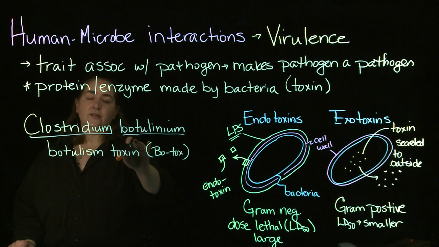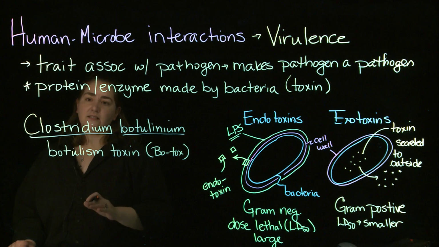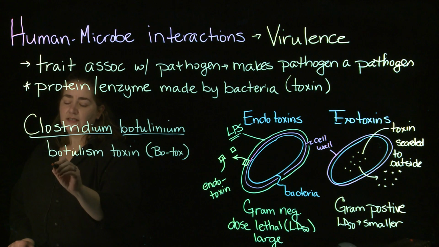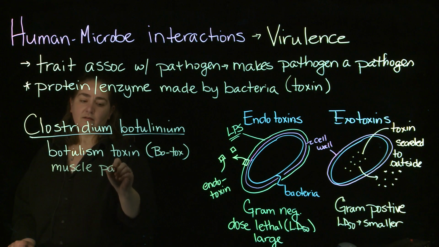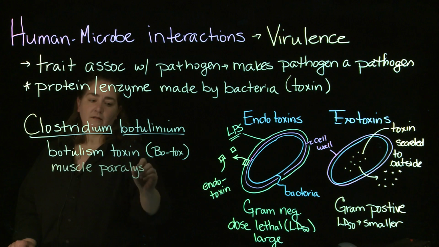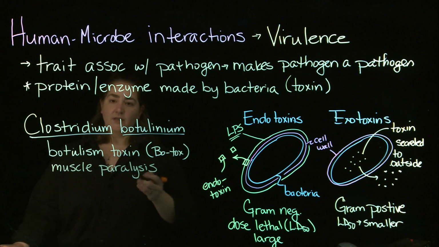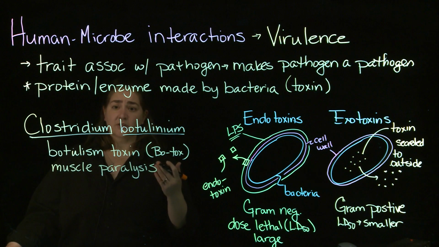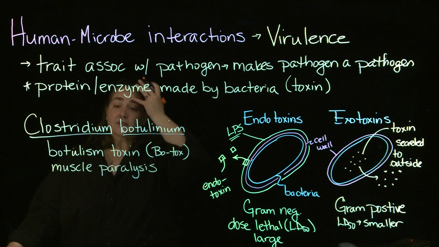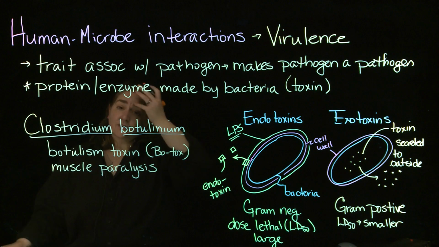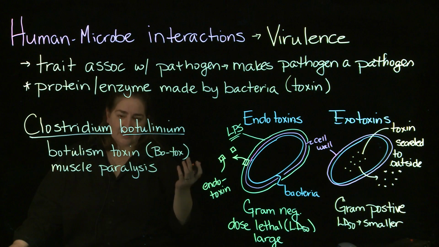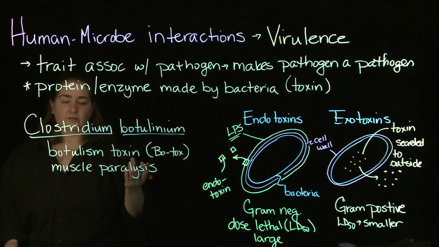Essentially, that Clostridium botulinum makes a toxin that results in muscle paralysis. So it interferes with things at the neuromuscular junction, prevents the muscle from contracting. If you can't contract your muscle, you can't get those lines and wrinkles that are associated with aging, okay?